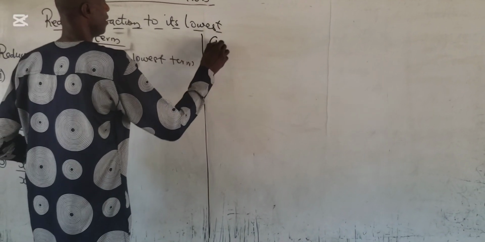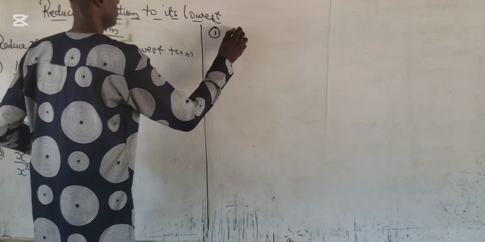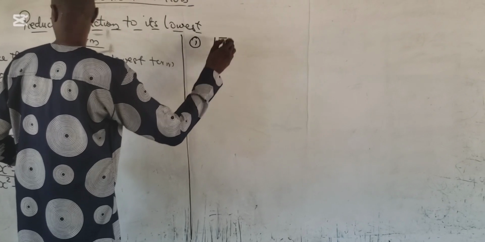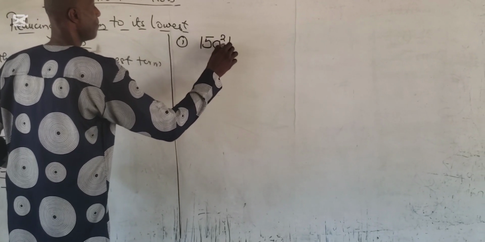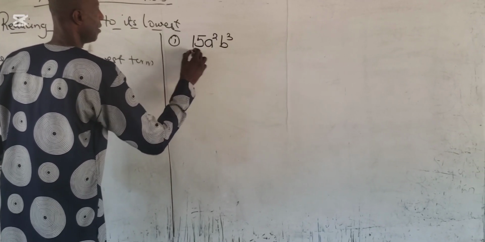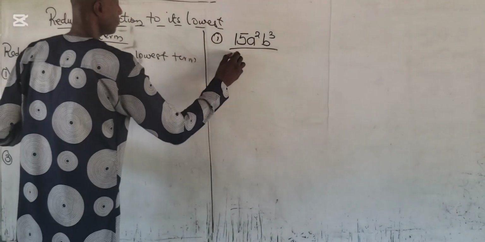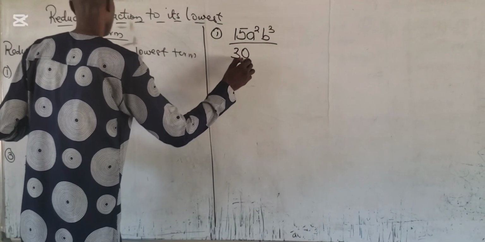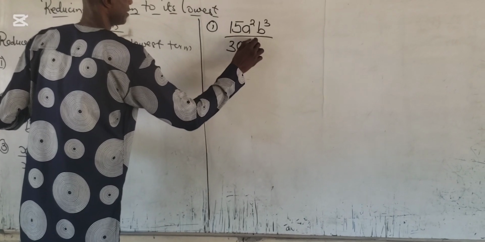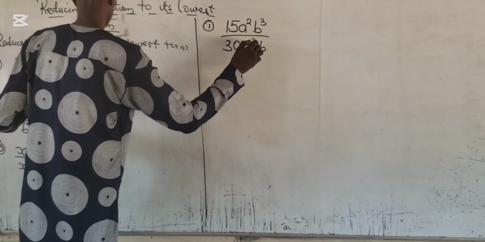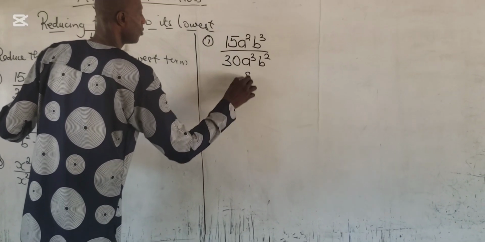So let me take one. Number 1: 15a squared b raised to power 3 all over 30a raised to power 3 b raised to the power of 2.